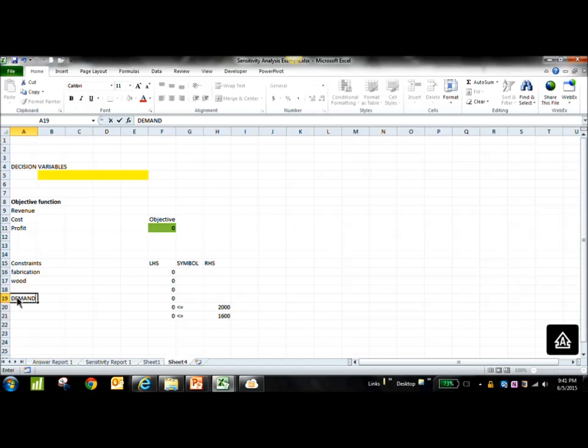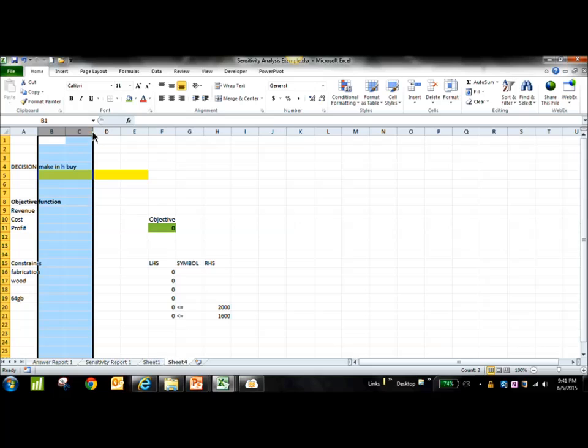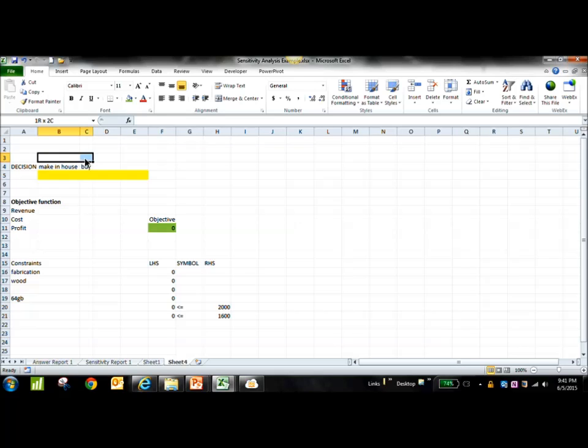If I'm dealing with, let's say, demand requirements, every time I'm dealing with a demand requirement, for example, if this is asking for 64 gigabytes, and I have it broken down into 2 decision variables. This is make in-house, this is buy from subcontractor, if that's the case, for the 64.